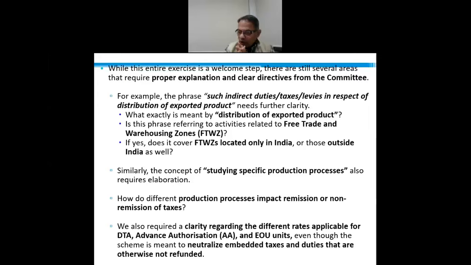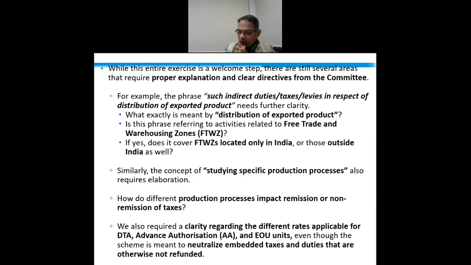Similarly, the concept of studying specific production processes. First question is why? Why you want to study production process? What is the logic behind it? I really do not understand. You are only talking of taxation.